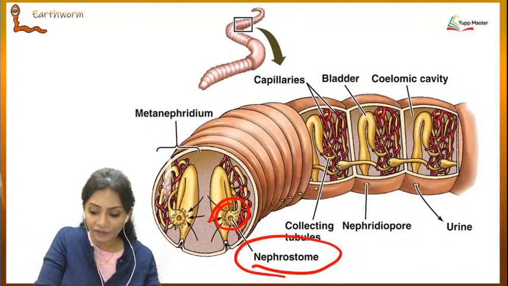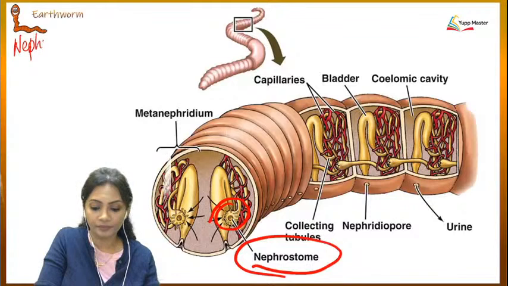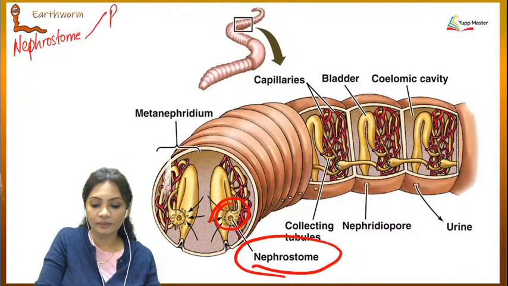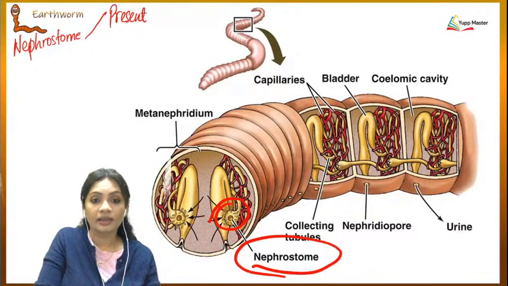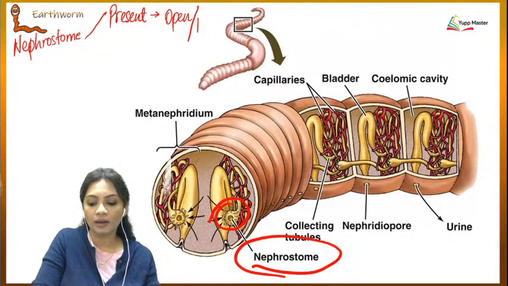So if a nephrostome is present, then we call it an open or metanephridia.